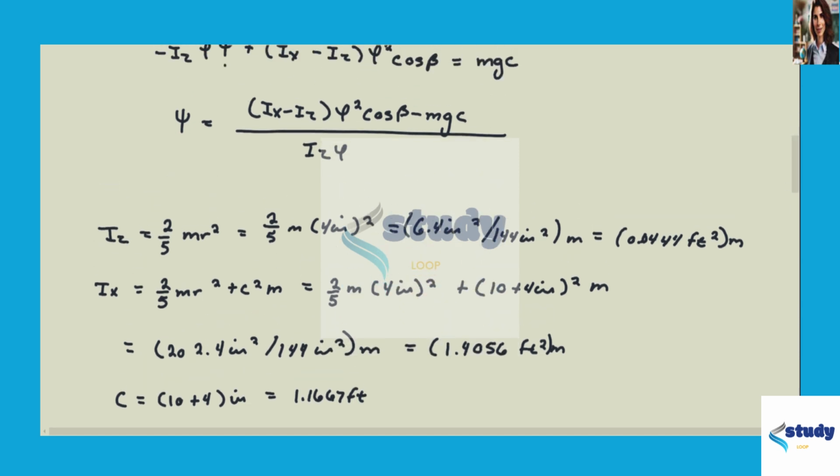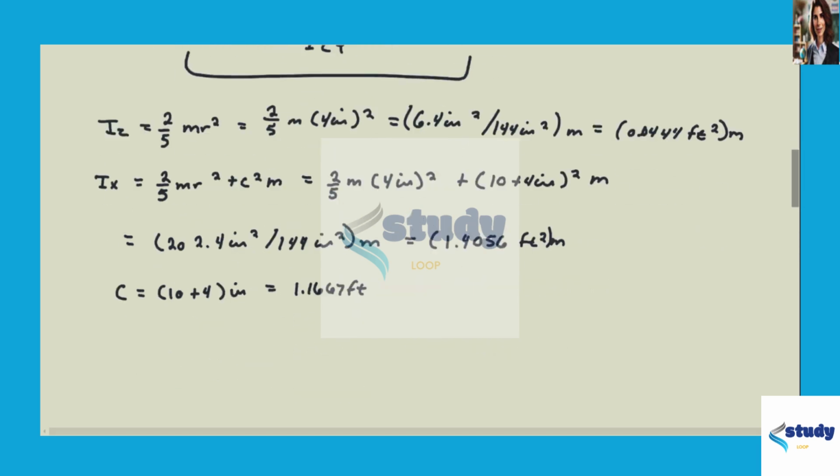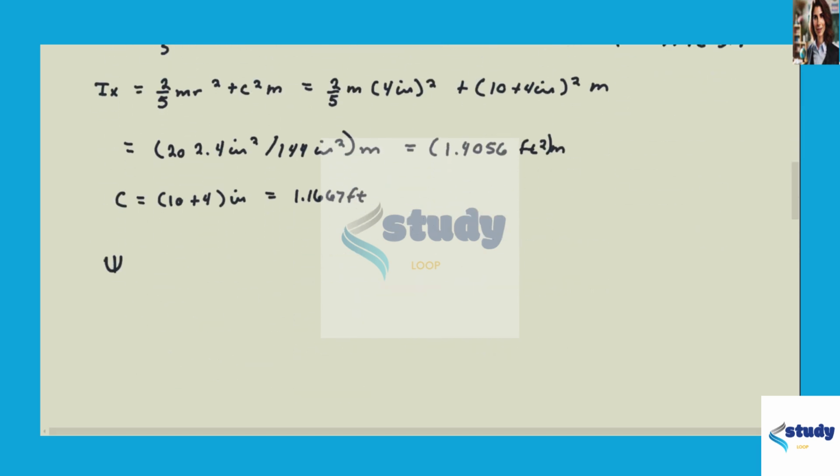And now we can go back to this equation and have that equal to 1.4056 minus 0.0444, and we have m feet squared.